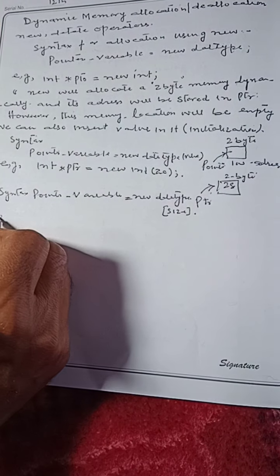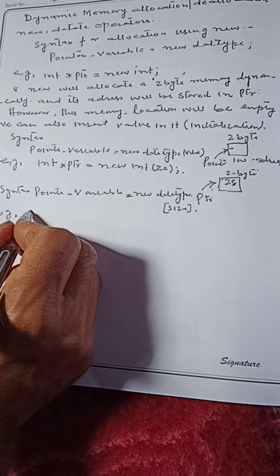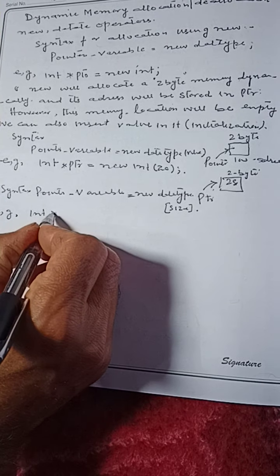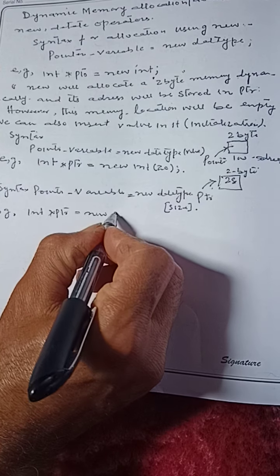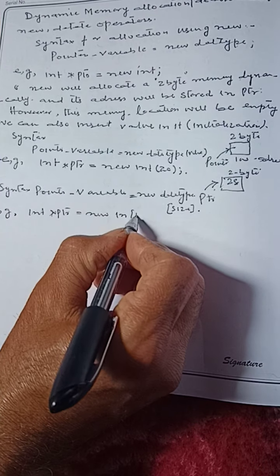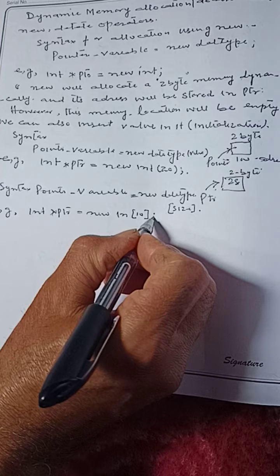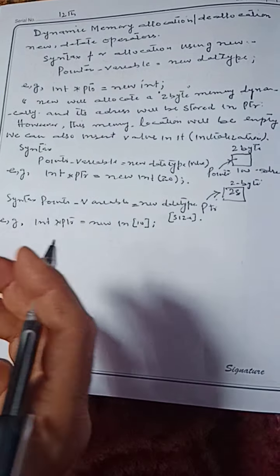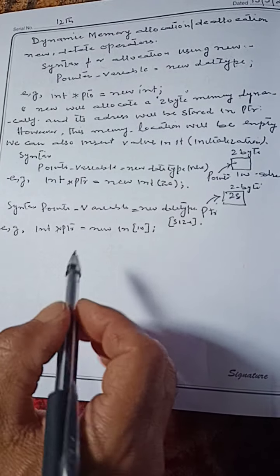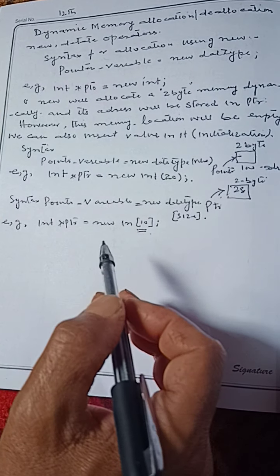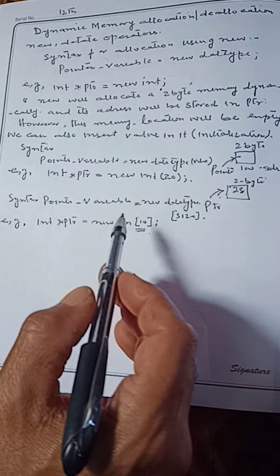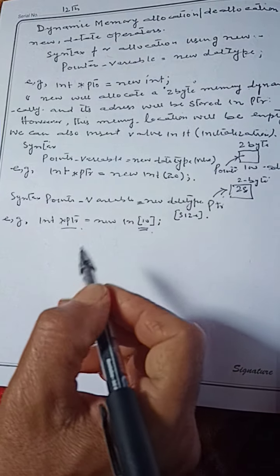For example, integer pointer is equal to new integer of 10. This statement creates a memory space for 10 integers and stores the base address in pointer.